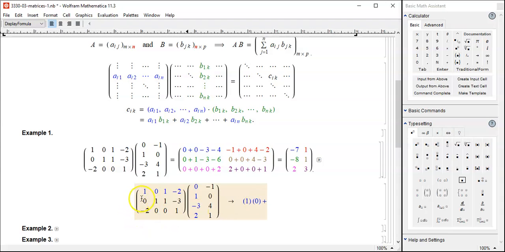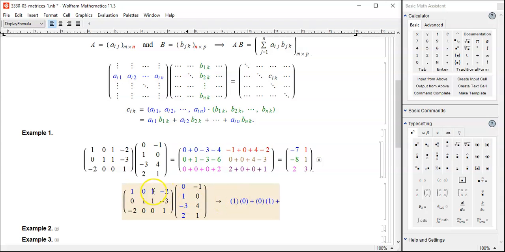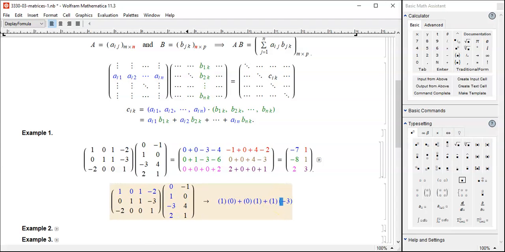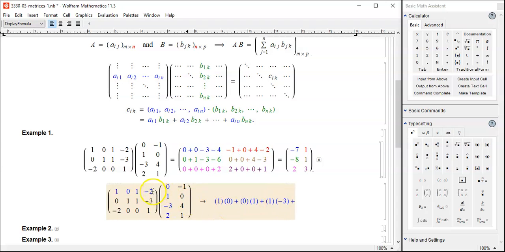Okay. So first times first. Second times second follows. So we get 0 times 1. Next, third entry times third entry. Finally, fourth component times fourth component.